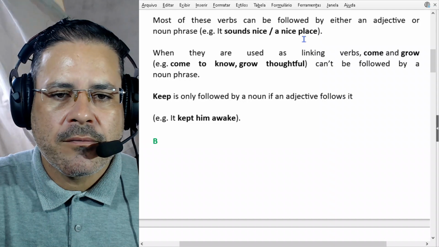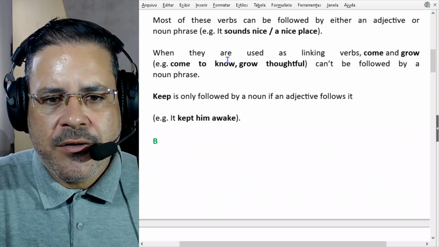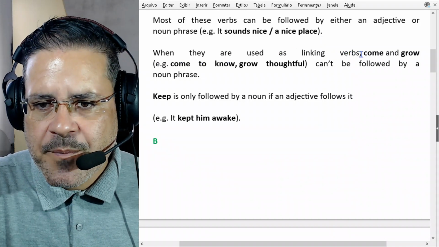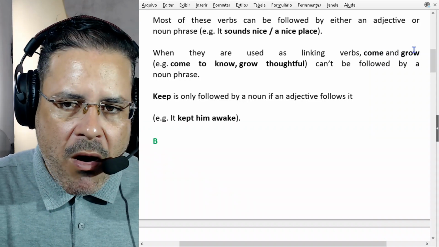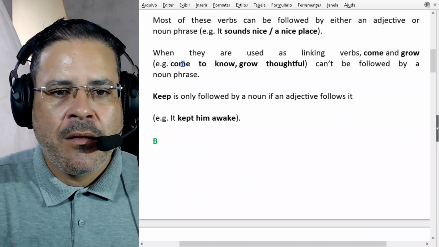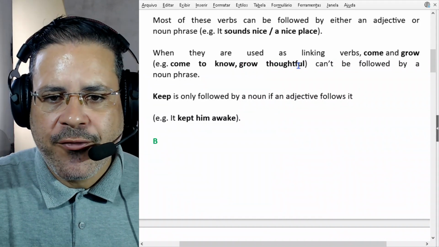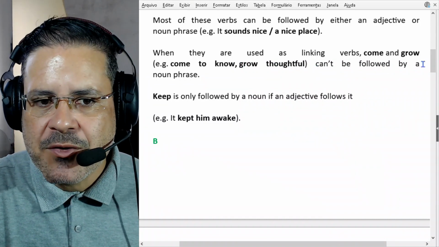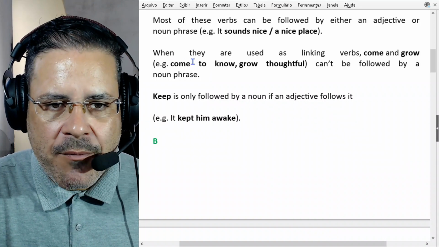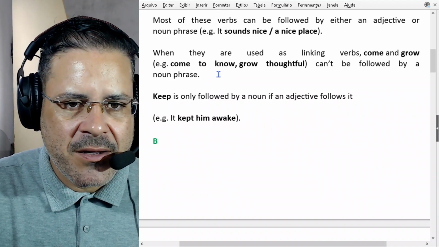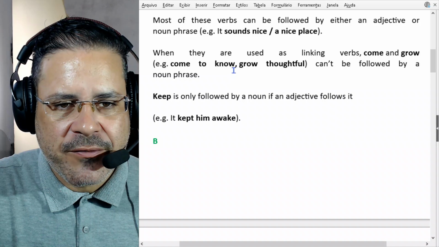Okay, moving on. When they're used as linking verbs, come and grow, e.g., come to know, or grow thoughtful, can't be followed by a noun phrase. So come is followed in the first case by an infinitive verb, to know.